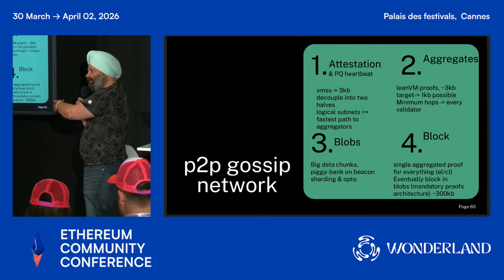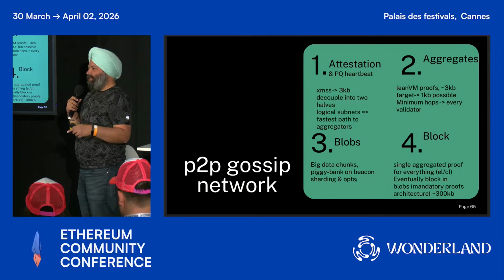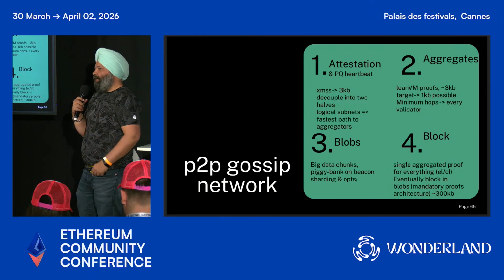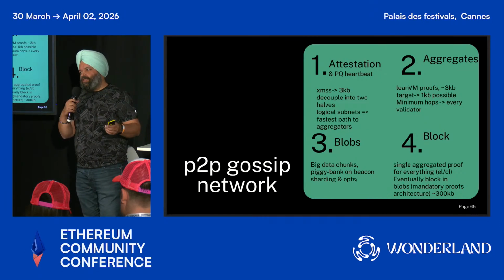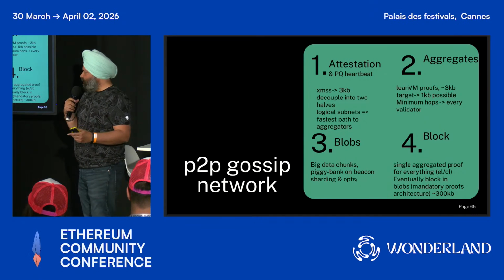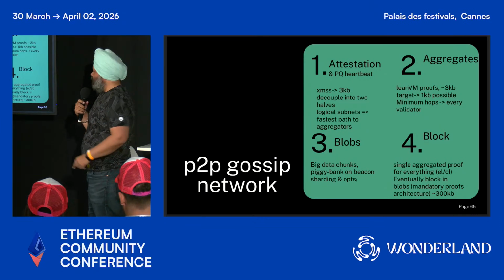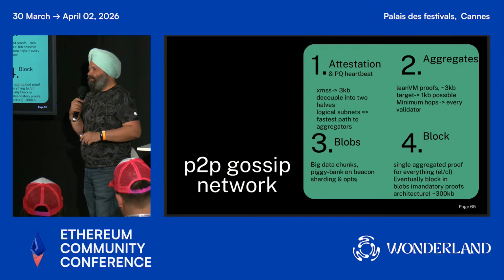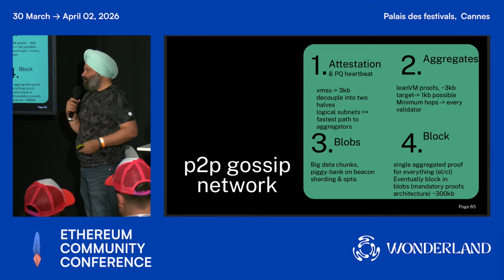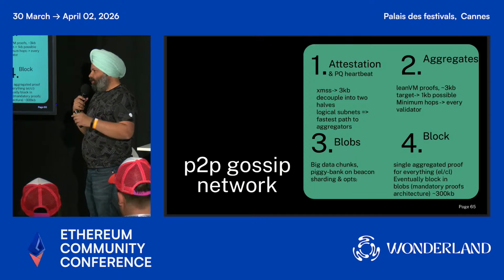When I talk about this aggregated proof, I not only mean the proof of signed attestations or the block signature. I also mean the proof of the validity of the block, for example, which ZK VMs will verify and produce the proof. That is why this is 300 KB, because the entire proof will be of this size, and it will not only validate execution, but also the consensus and all the objects in it.